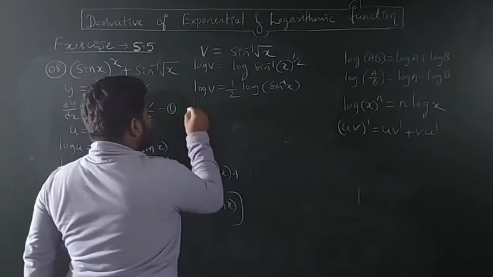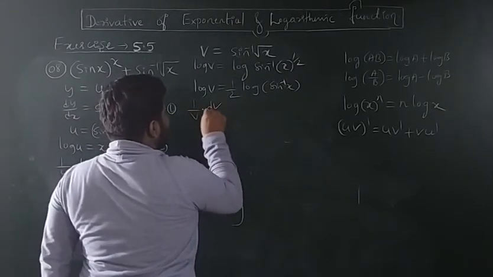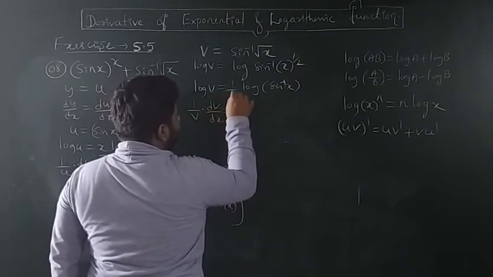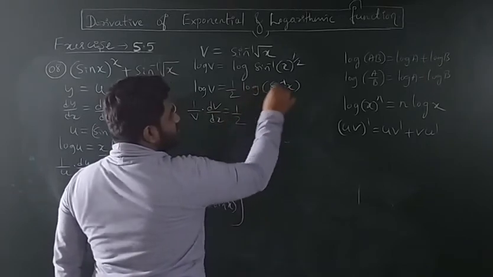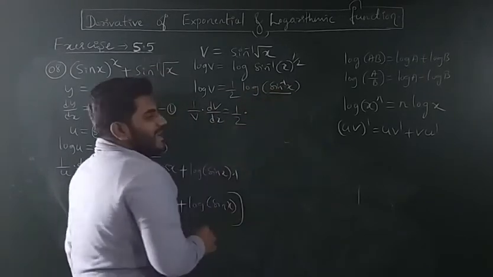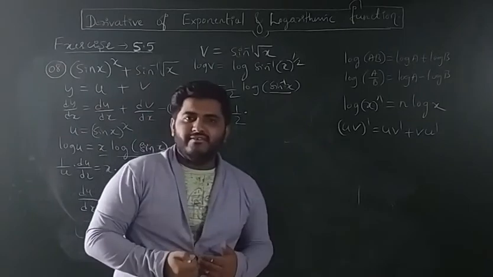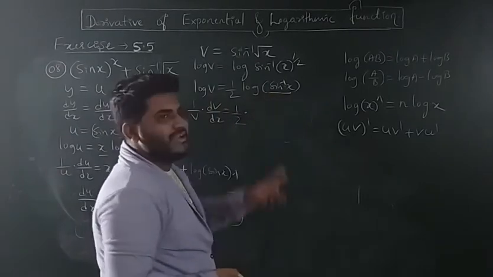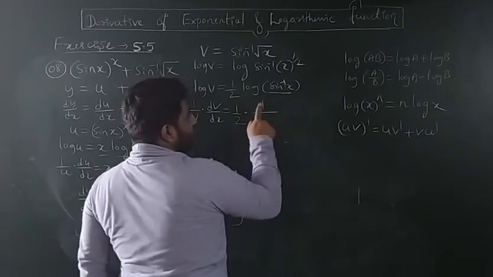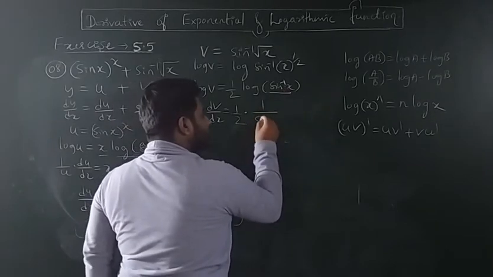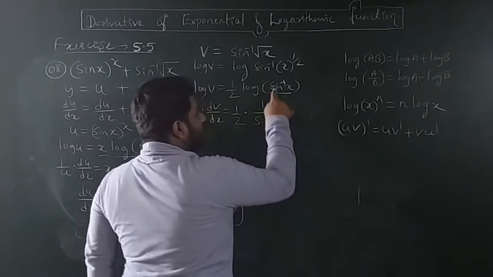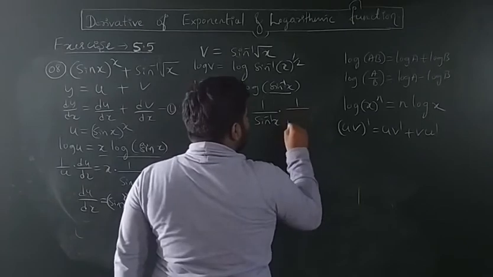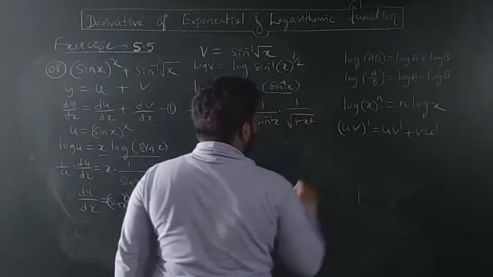Now differentiate. 1 by v into dv by dx, 1 by 2 constant as it is. Differentiation of log x, assuming that sin inverse x is x, is 1 divided by x. But in place of x, we have sin inverse x. Differentiation of sin inverse x is 1 divided by square root of 1 minus x square.